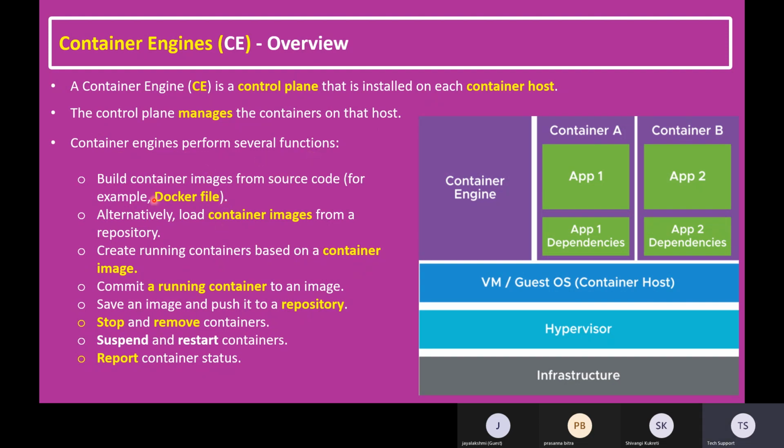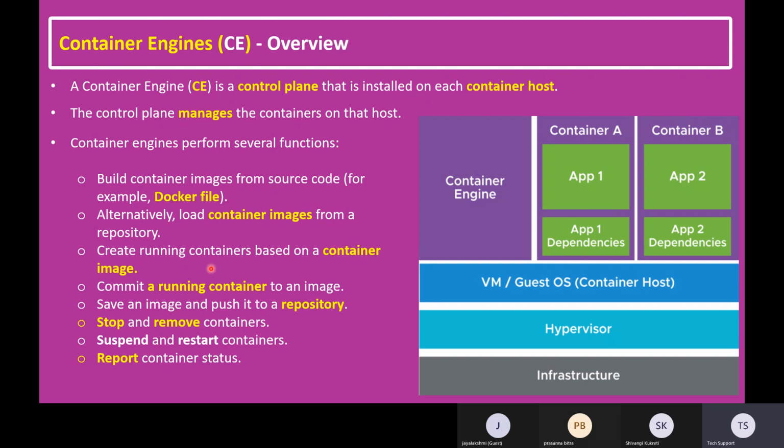What are those functions? Build container images from source code. Just now we talked about the Dockerfile. If you want to move Docker file images to containers, the main key role is the container engine. Alternatively, load container images from a repository. So you can load your container image either from an image repository, or you can build from a Dockerfile, and create running containers based on a container image.